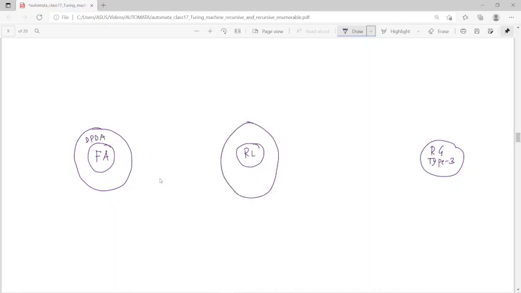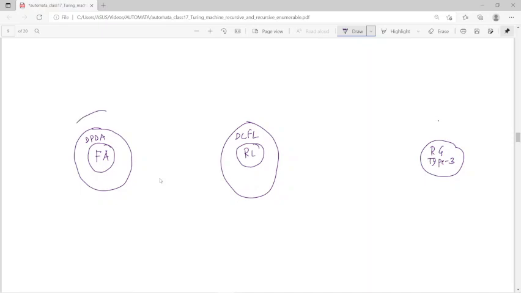that means the corresponding language is a regular language, and this is the regular grammar or type 3 grammar, we know that. Then there is a deterministic PDA, so there is a deterministic context free language, that is total CFL.